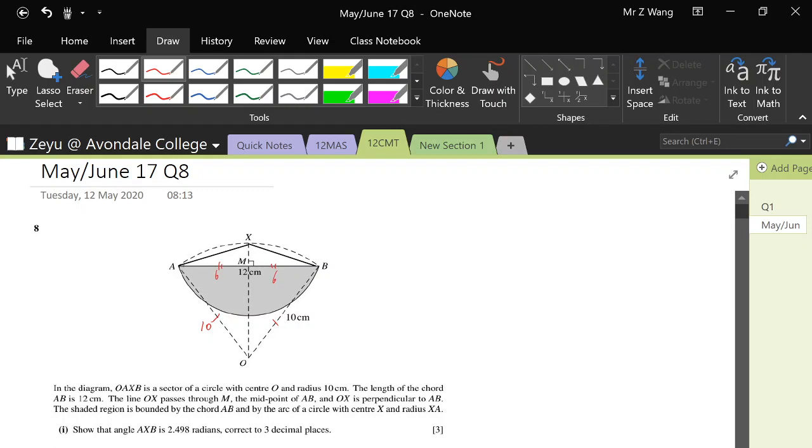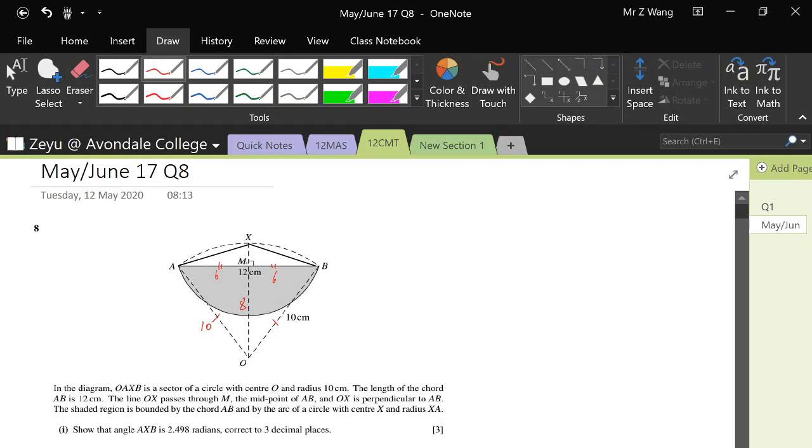And then you realize this is a right angle triangle. You directly will know this length is 8. How do I work out 8? By Pythagoras theorem, right? And this is a special Pythagorean triplet, 3, 4, 5. You double 3, 4, 5, you get 6, 8, 10. And then we know this is a radius, so this is 10, and then this is 8.